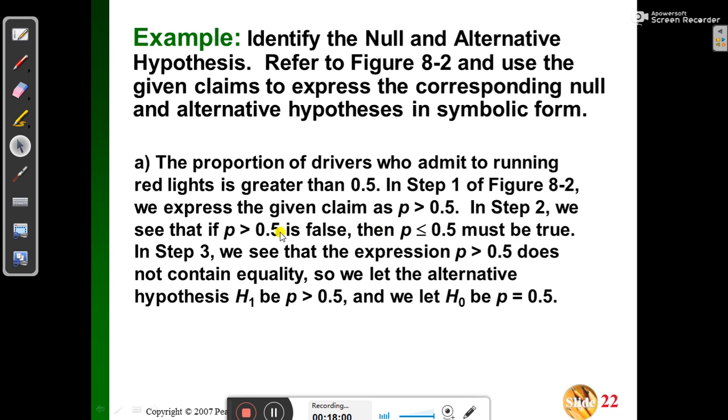In step 3, we see that the expression p greater than 0.5 does not contain equality, so this is the alternative hypothesis. The expression with the equal sign, less than or equal, is the null hypothesis. So H0 is p equal to 0.5, H1 is p greater than 0.5. That is the way we give the null and alternative hypothesis to any claim.